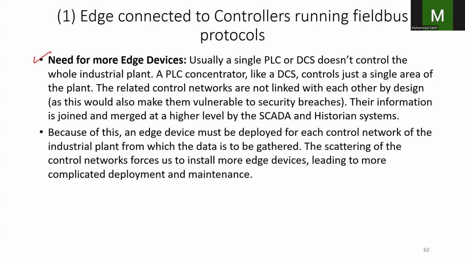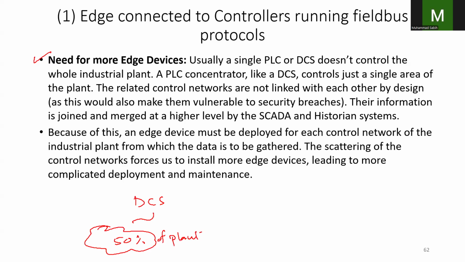For example, in many setups, a DCS acts as a main concentrator handling the control operations for one part, but not the entire facility. And here is the issue: these control systems are not interconnected. So if we have a DCS, it may be controlling, let's say, 50% of the plant.